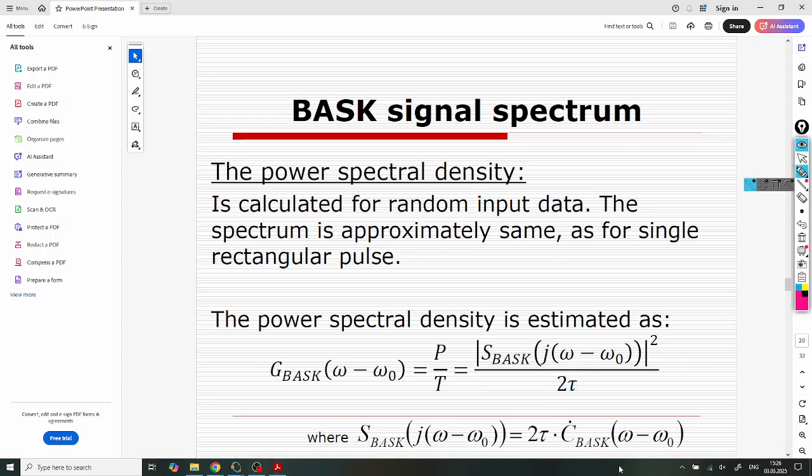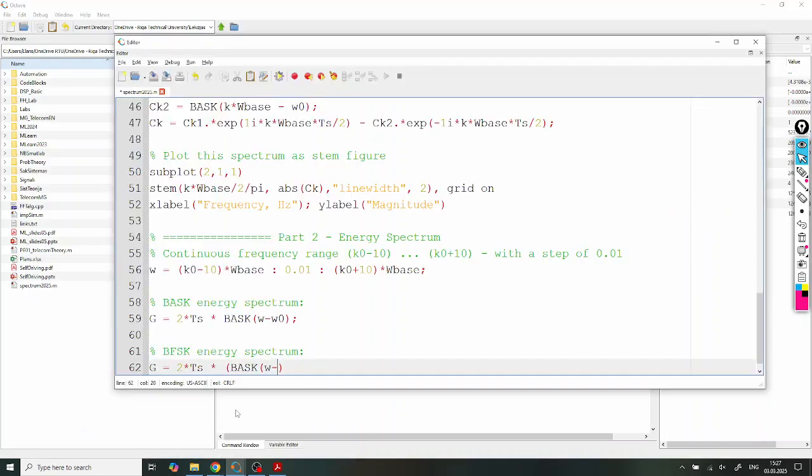We put 2 tau here, CBASK. After opening brackets, it's going to be 4 tau square, CBASK square, versus 2 tau. So we can cancel one of these 2 tau and leave 2 tau in front, and then just take a square. Actually, that will be simpler. Less to type and less clumsy code.